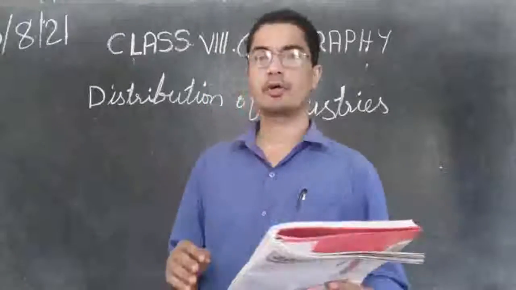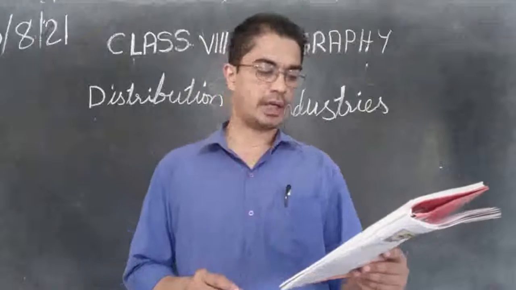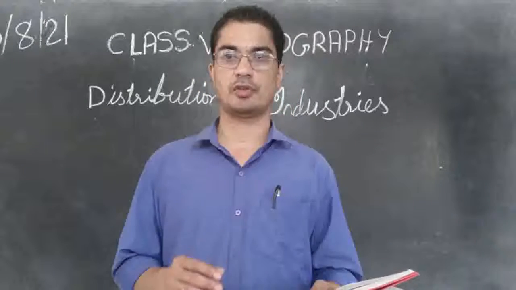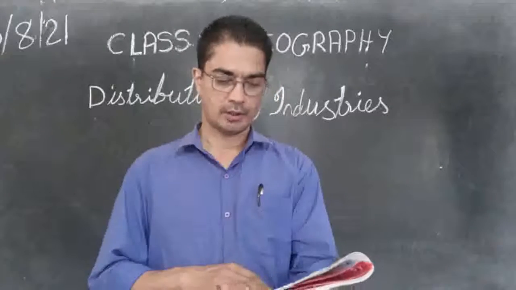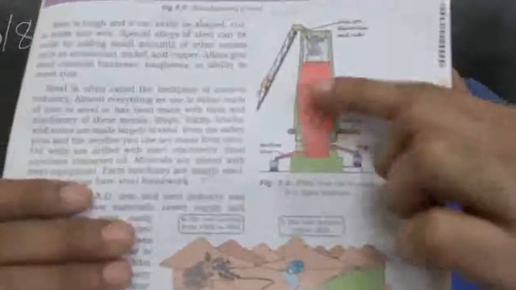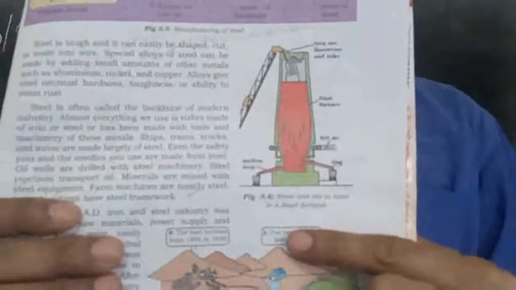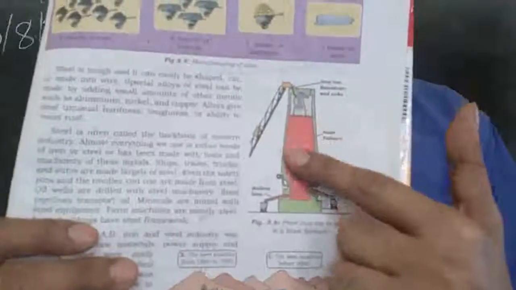Then the raw material is put into the blast furnace where it undergoes melting. So the first thing is that there is a blast furnace. You can see in the picture there, blast furnace. This is called blast furnace. So you can see there are so many structures there.